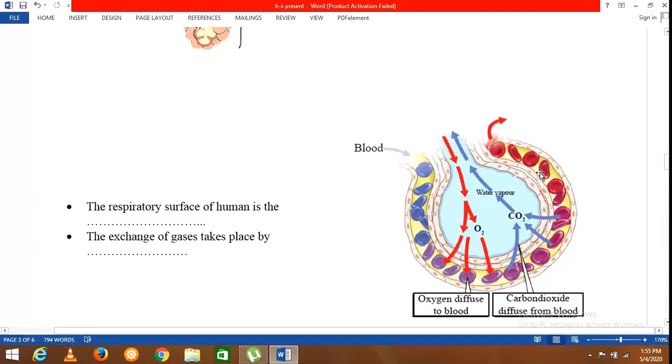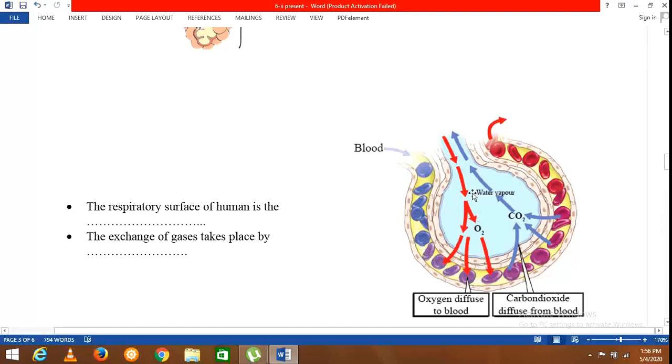Once we have inhaled, the concentration of oxygen in the inhaled air, or the concentration of oxygen in the alveolus, is greater than the concentration of oxygen in the blood capillary. So here you are shown in blue color the deoxygenated blood. That means that blood contains less amount of oxygen.